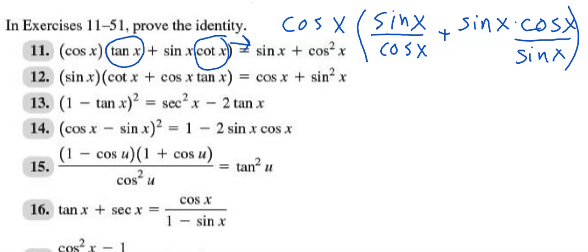I would focus here and see that the sines cancel out there. That might be my first thing. Okay. Now, this is cosine x over 1 now, and we probably need to think about getting common denominators, right?